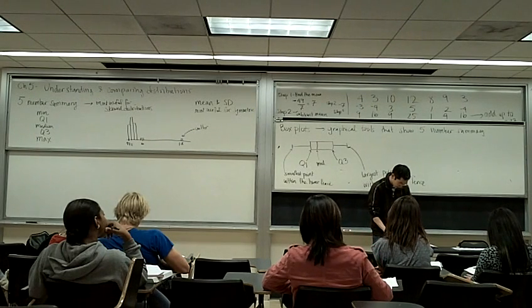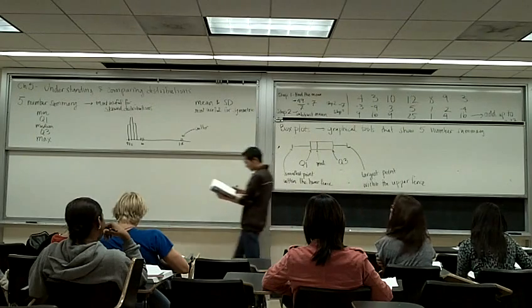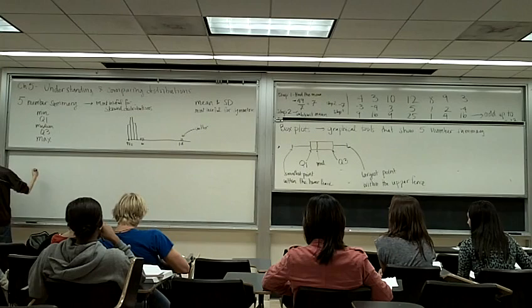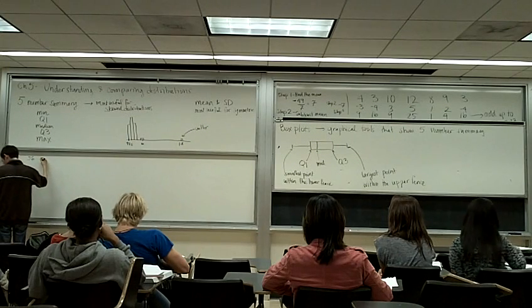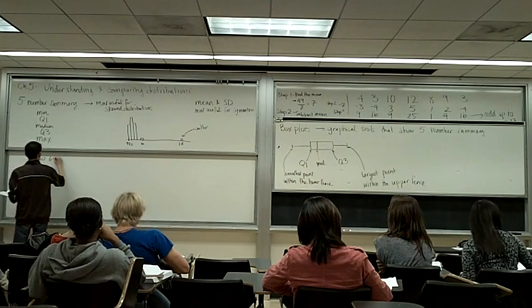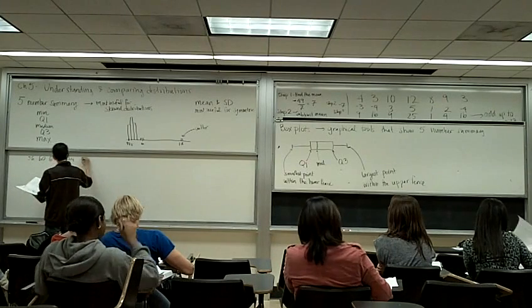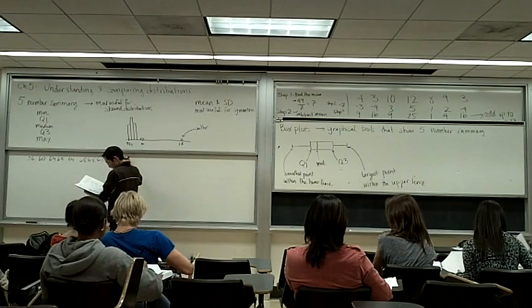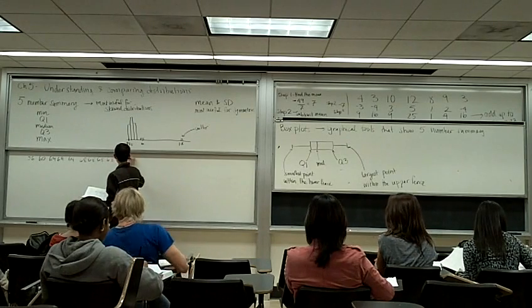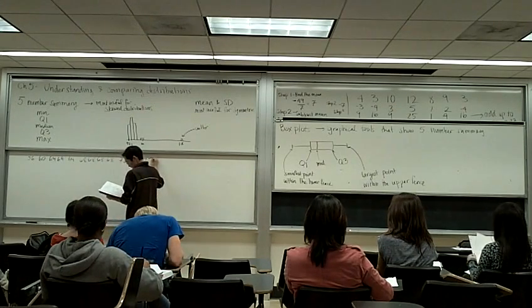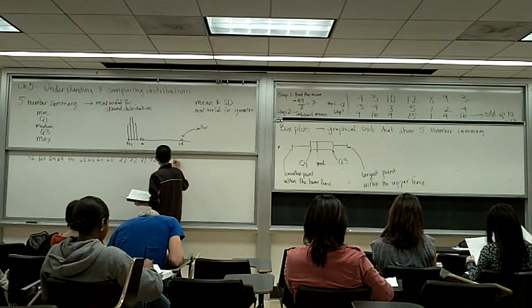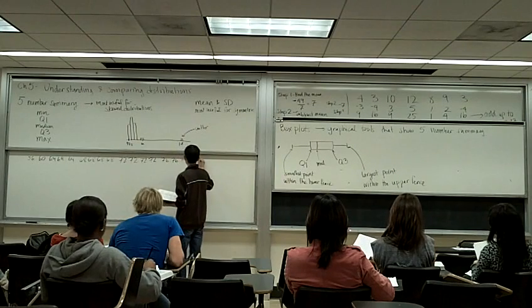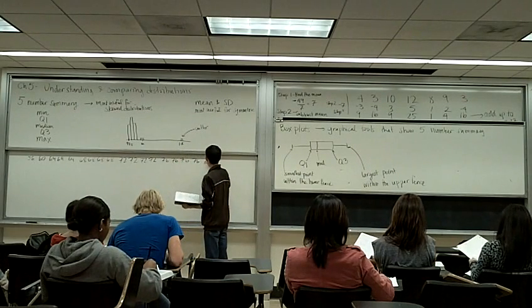So again, we had the heart rates: 56, 60, 64, 64, 64, 68, 68, 68, 68, and then, I don't know, 72. This data is coming from page 50 again. We did this in the first lecture.